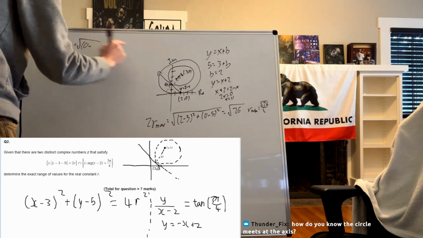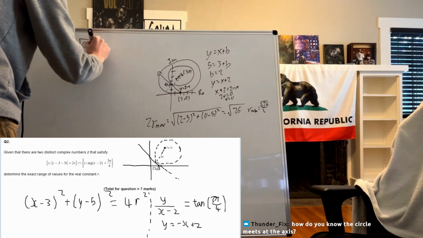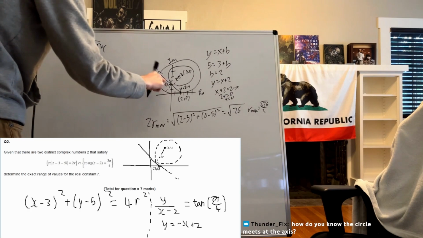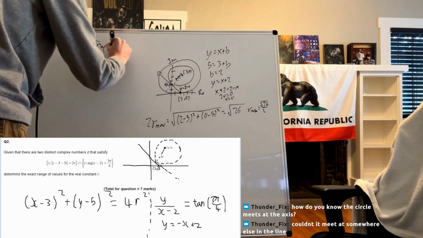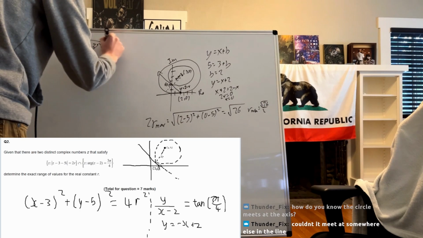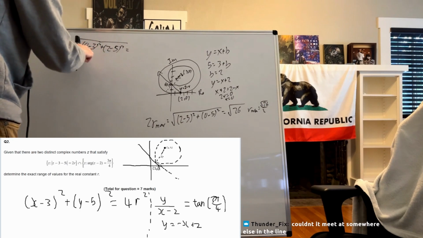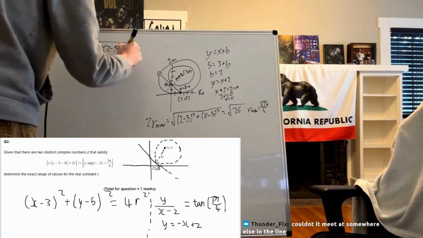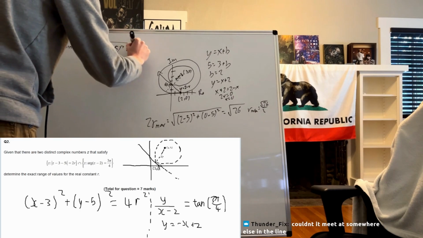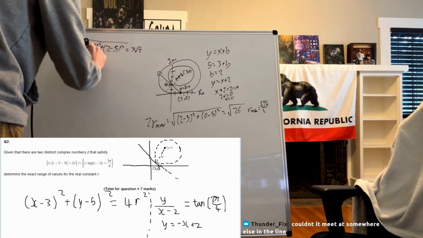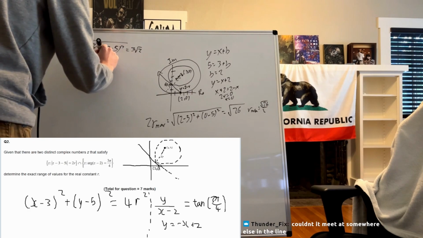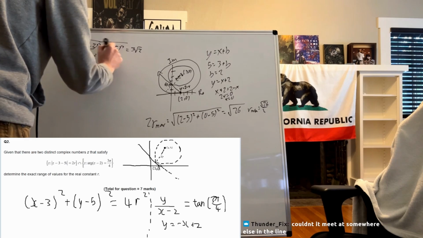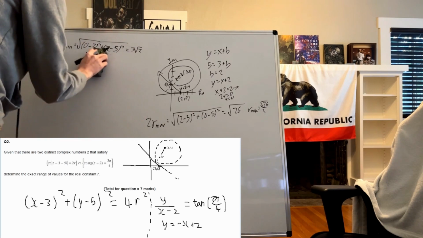So x1 is 0, x2 is 3, squared, plus y1 is 2 minus y2 is 5, squared. 9 plus 9 is 18. So that's 3 root 2. Our min is, we divide by 2. 3 root 2 over... Wow, how many fraction bars do I need?